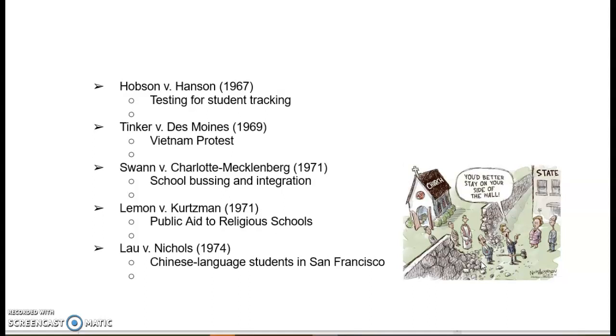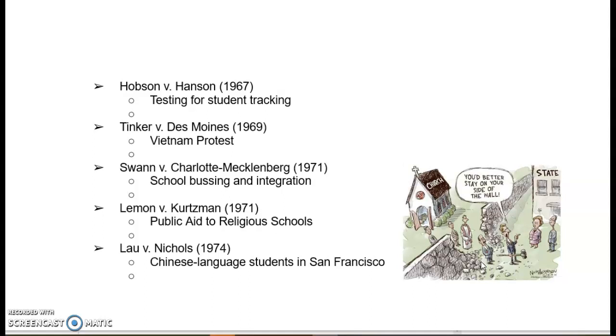There have been more recent cases, however, where there's a private religious school and there might be federal funding which allows it to build a playground, and that playground is open to all children on afternoons and weekends and throughout the summer. And so sometimes religious schools can receive funding if it is for an overall public benefit. But again, the separation of church and state means you can't have the state funding religious schools.